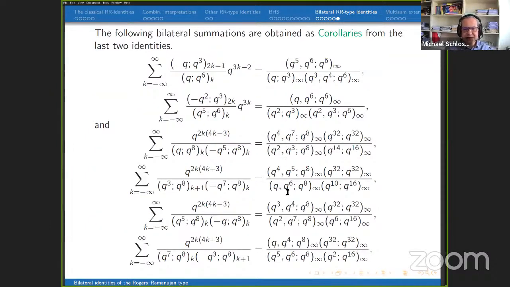They're here with modulus 6, 16, 32. And of course, these have all been checked on the computer as power series expansions in q, where we split the sum into k greater or equal to 0 and k negative, and the usual Taylor series expansion.